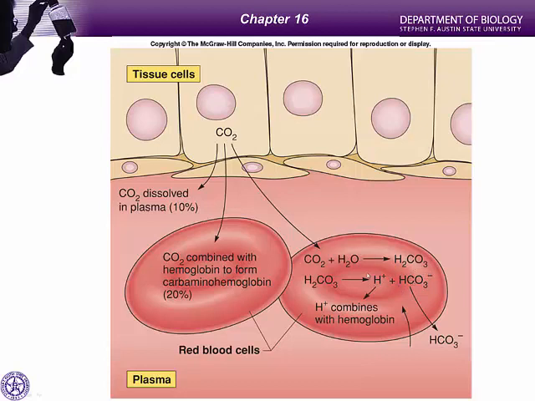Now, those hydrogen ions, by and large, many of those are going to combine with the hemoglobin in this cell to change the ionization state of the iron. But the bicarbonate ion is going to be transported out of the red blood cell. Now, in the past, when we saw movement of ions out, especially when they're charged, that's offset by molecules moving in to balance that.